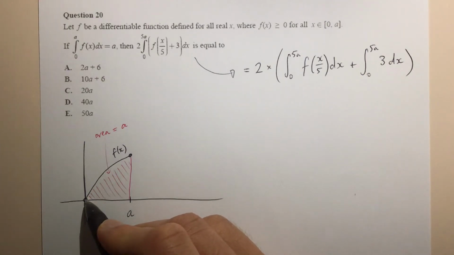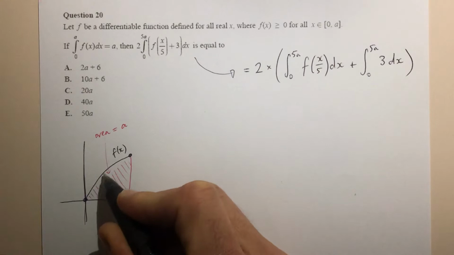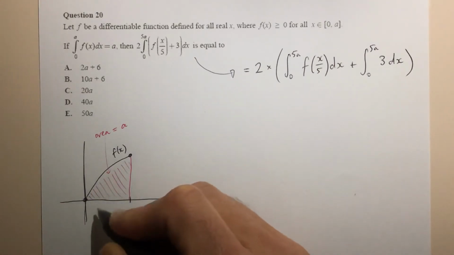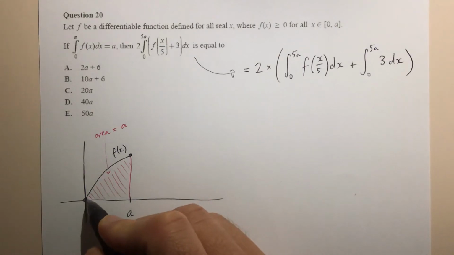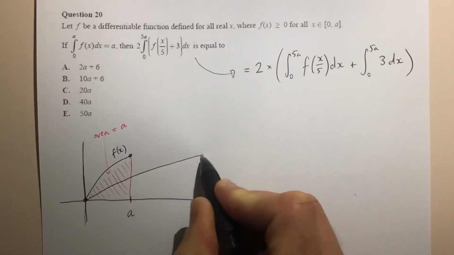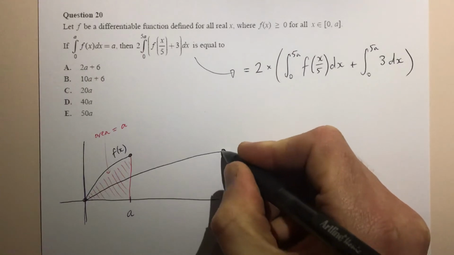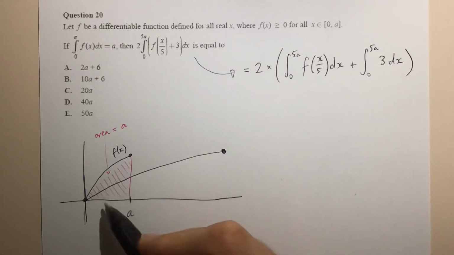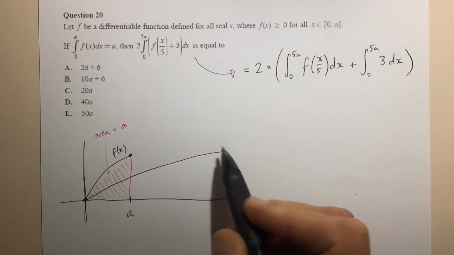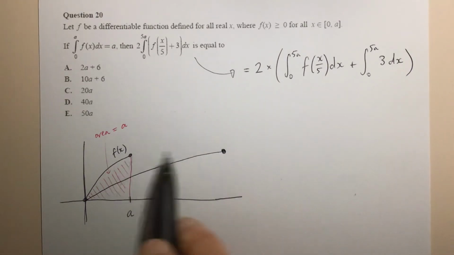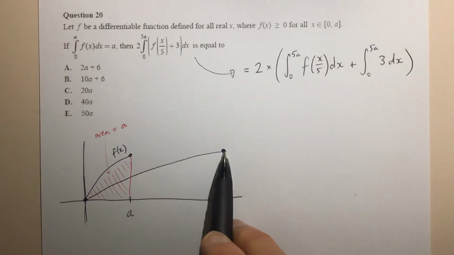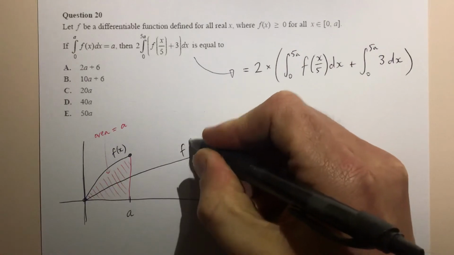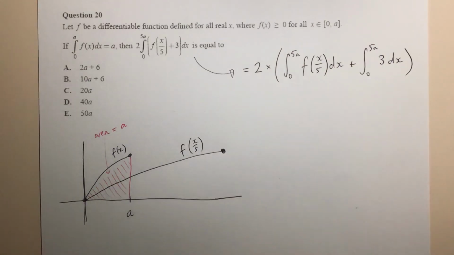All these function values along this curve are going to get 5 times further away from the y-axis, so we're going to get something resembling this. If f of x has been dilated by a factor of 5 away from the y-axis, this point here and that point there, this point's now 5 times further away from the y-axis. So this is our graph of f of x on 5.